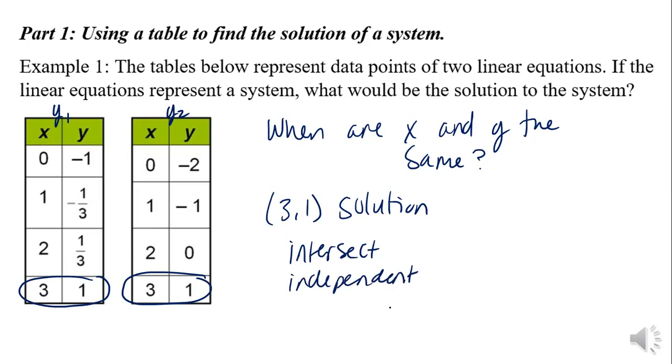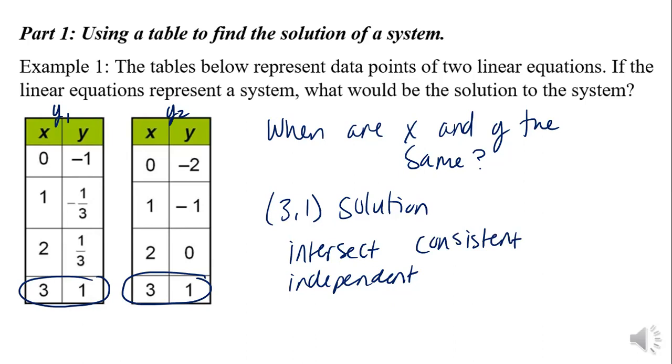What if there's multiple? If they had the same values, that means it would be dependent, and we forgot consistent. So because they intersect at one point, it's consistent and it's independent.